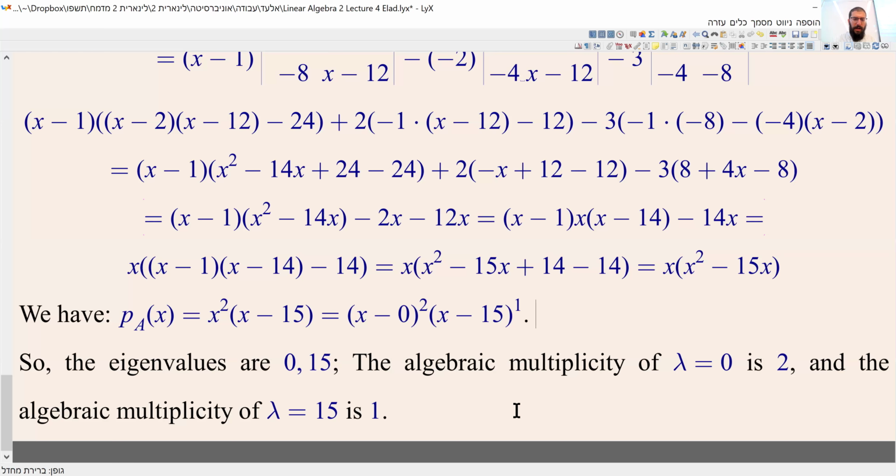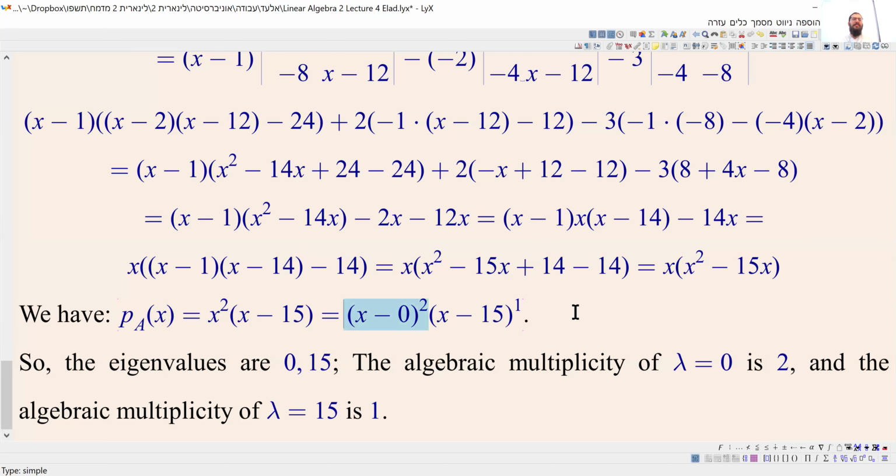But by our formal definition, what is the greatest power of x minus 0 that divides the characteristic polynomial? When it is written in this way, it's very clear. Look, it's 2. x to the power of 3 won't divide. It's not dividing the characteristic polynomial anymore. And the same for the eigenvalue 15.